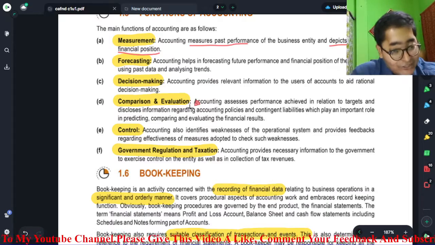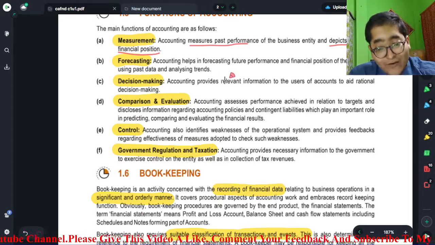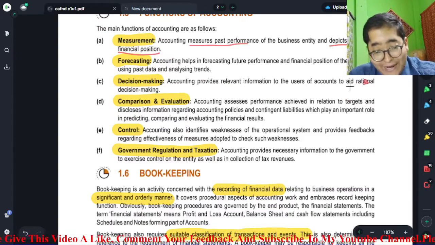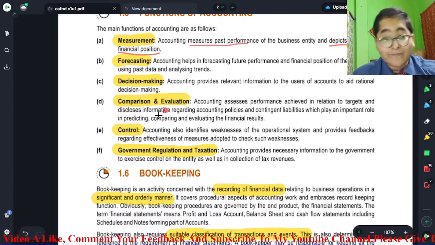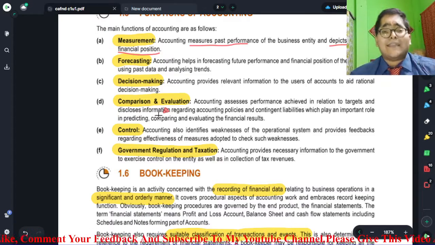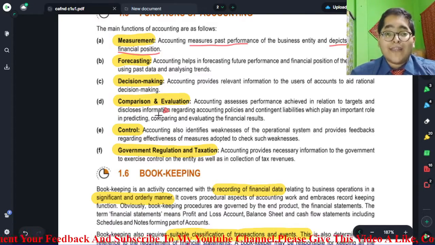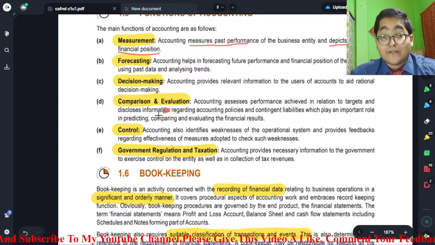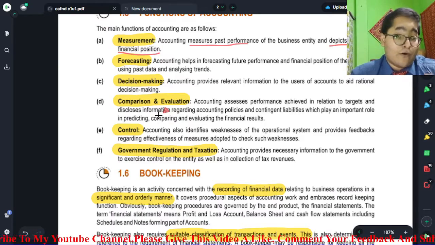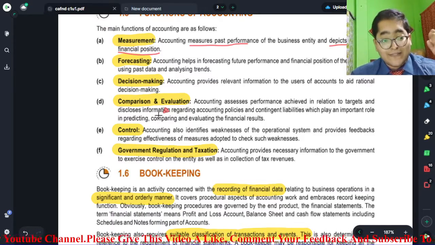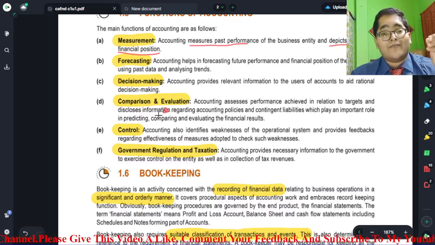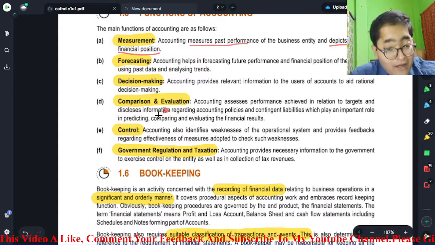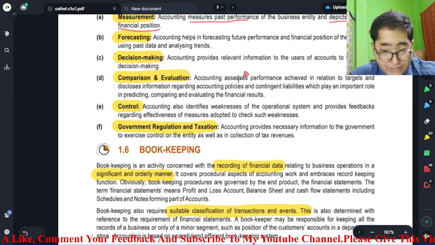Now comes decision making. Accounting provides relevant information to the users of accounts to aid rational decision making. Decision making is the key to business, and accounting is done for proper decision making. The internal users, the owners and managers of the business, are dependent on accounting for decision making. Now, comparison and evaluation.